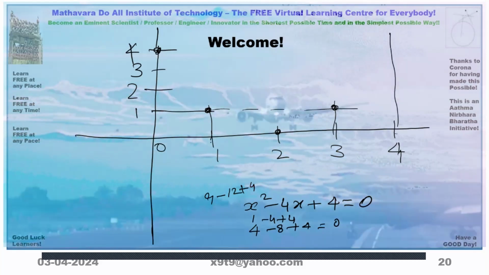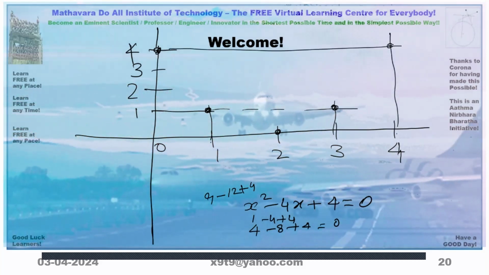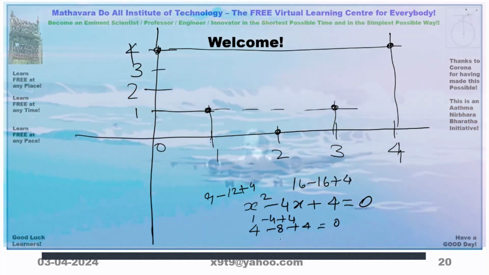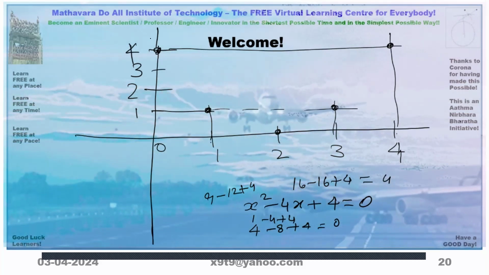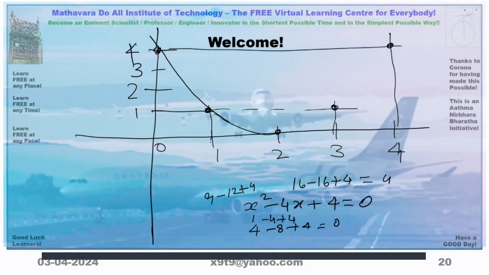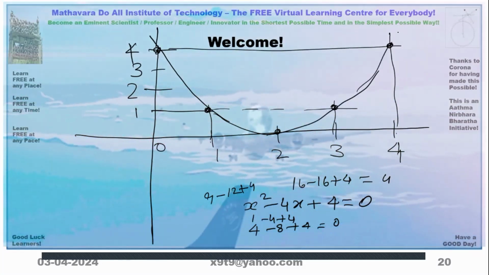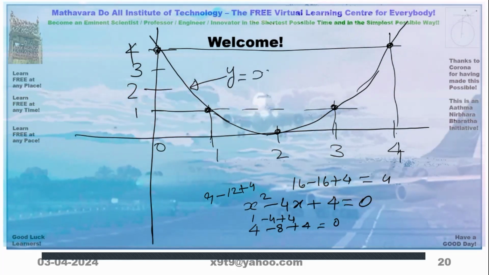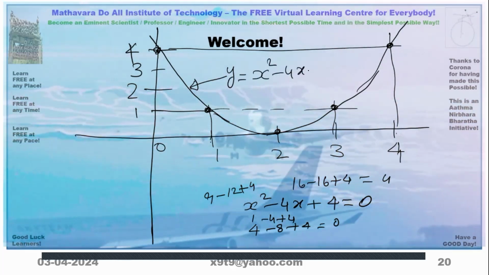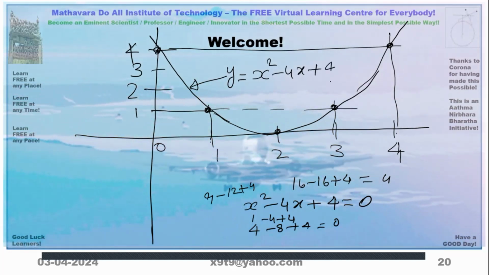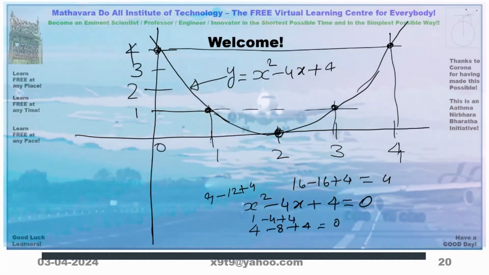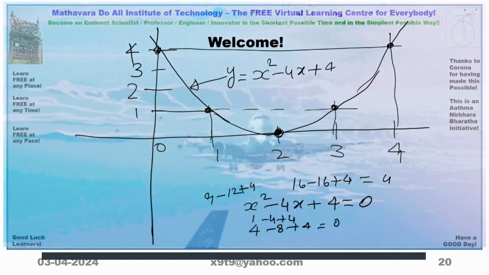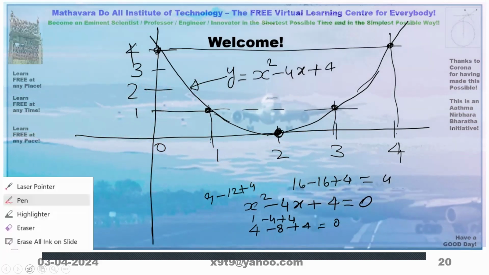Then 4, it is 16 minus 16 plus 4. So you get 4. Now these points you can join. So this becomes the graph of y is equal to x square minus 4x plus 4. Now it is cutting the x-axis at only one point.